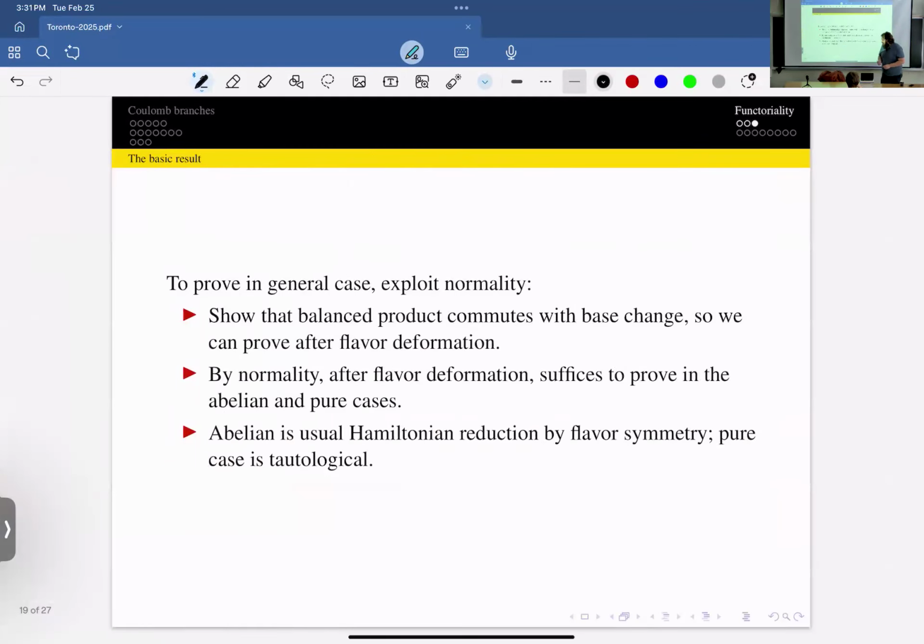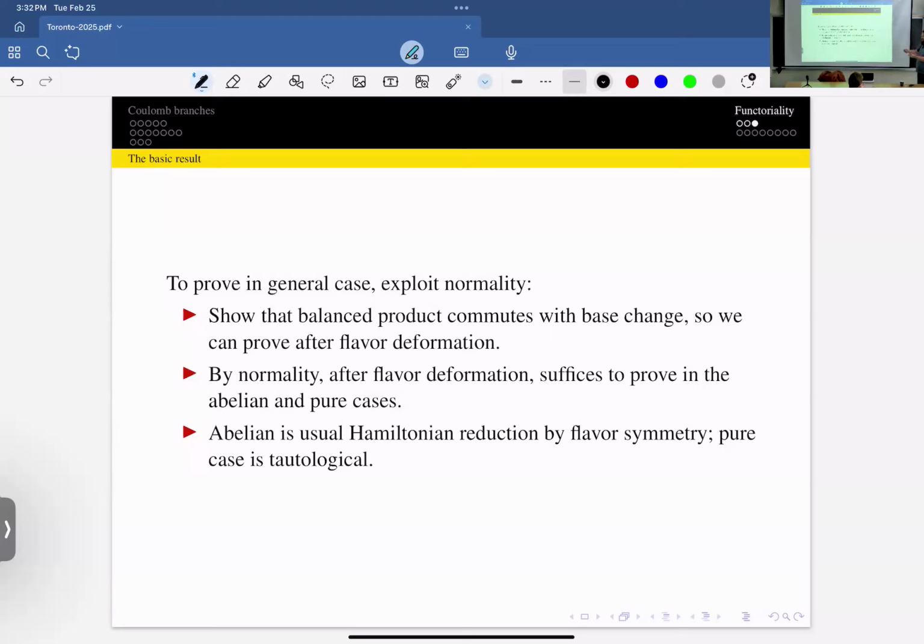All right, let me give a really brief sketch of how I at least claim that we're able to prove this. You want to exploit normality. So normality tells you that if you have a map between normal affine algebraic varieties, you only need to show that it's an isomorphism away from a closed subset of codimension greater than or equal to 2. So actually, I think the hardest part is to show that this balanced product commutes with base change.